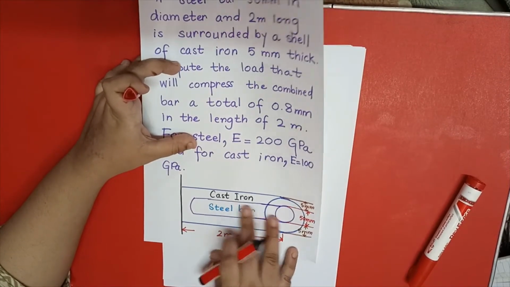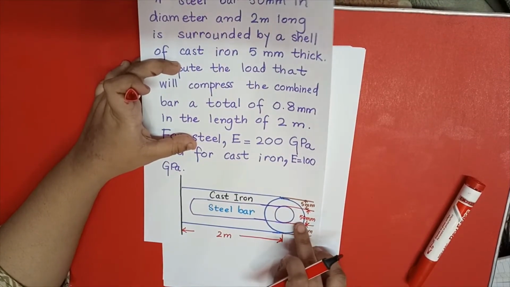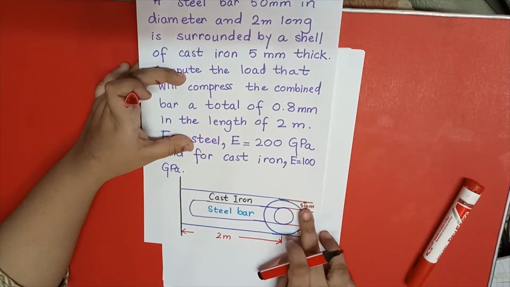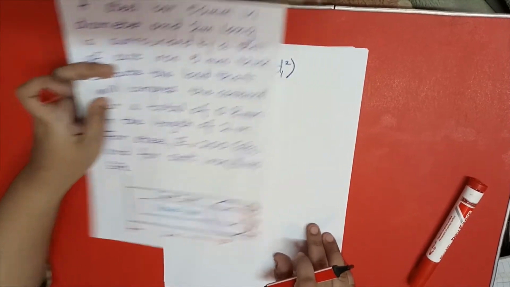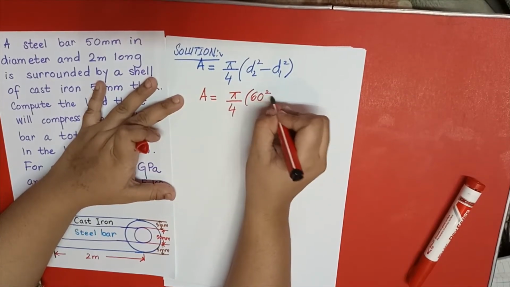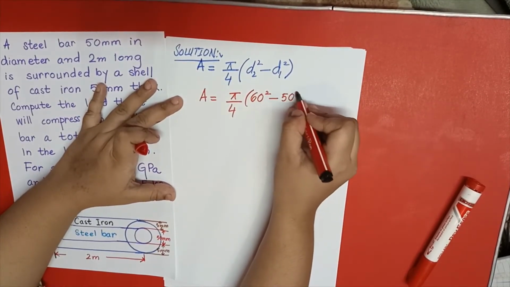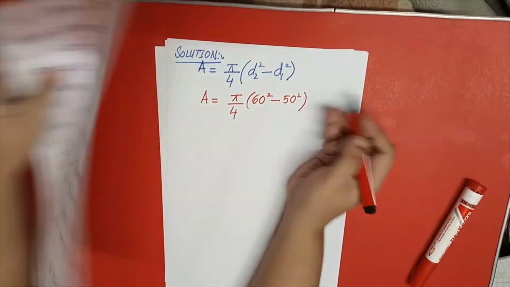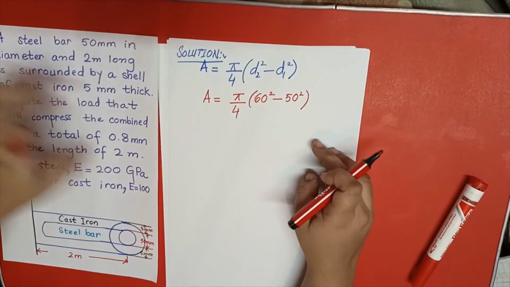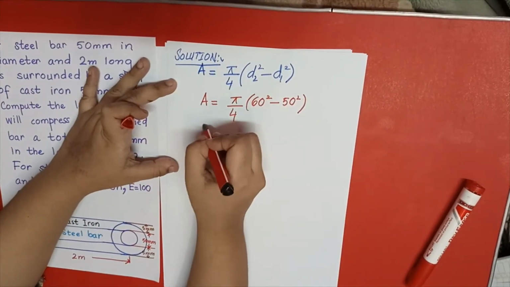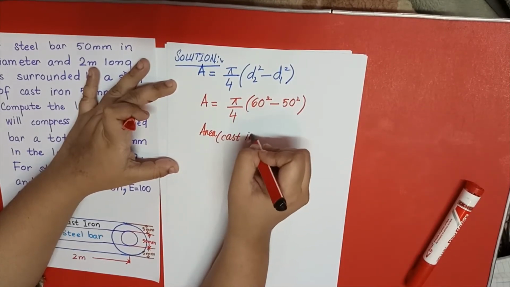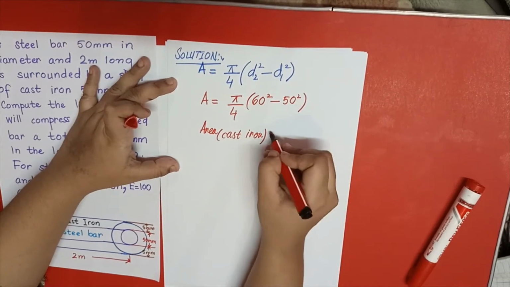We add this 5 millimeter and this 5 millimeter to the 50 millimeter, so 50 plus 5 plus 5 equals 60. So 60 square minus 50 square, where 50 is the inner diameter. It is the whole diameter, and we subtract this.